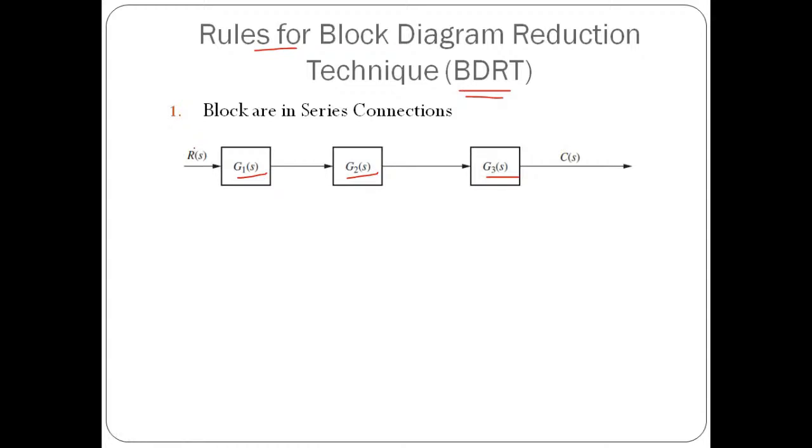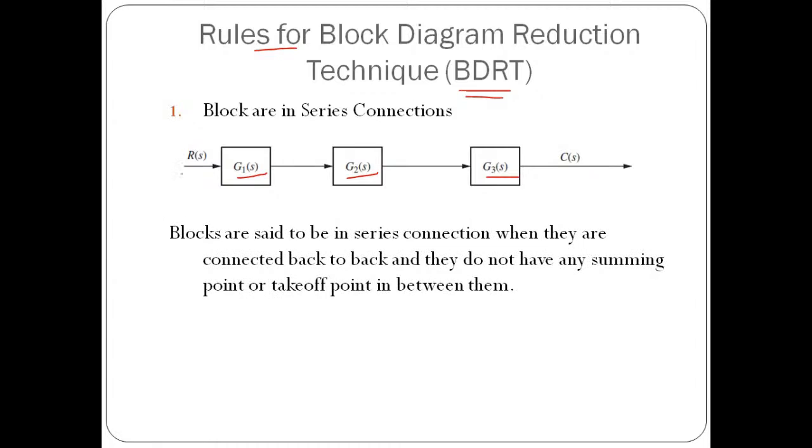That's it. Blocks are said to be in series connection when they are connected back to back. This is very important, and they do not have any summing point or takeoff point in between them. So how do we identify whether the blocks are connected in series or not?